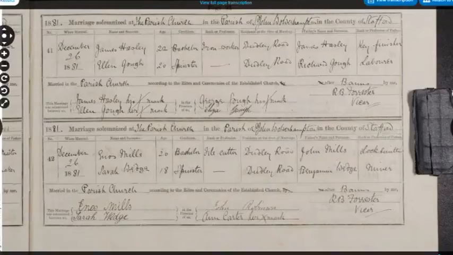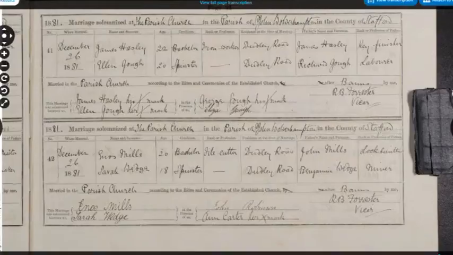And you get the impression that the churches almost had a factory process on Boxing Day, where they married so many couples. Another thing that happens as a result is that you frequently get families, say pairs or even trios of sisters or brothers, all marrying at the same place at the same time.